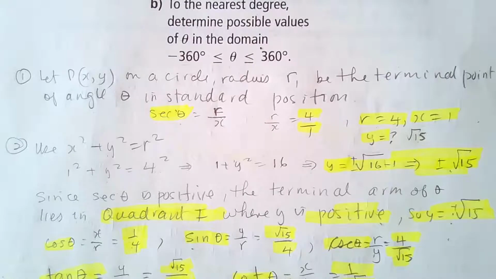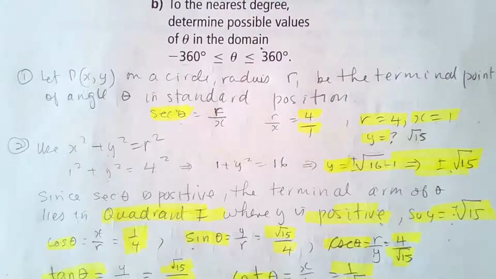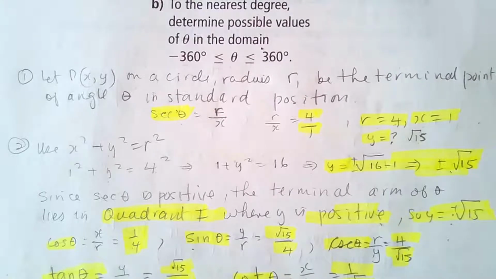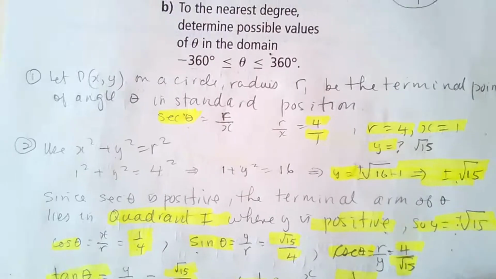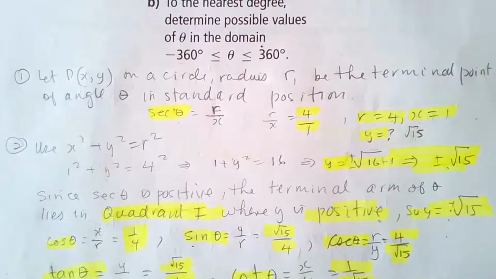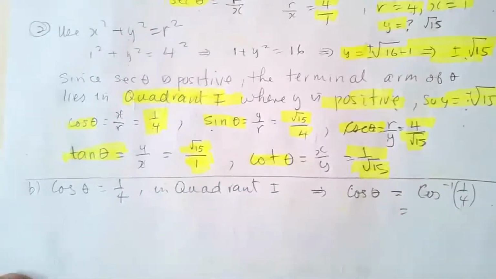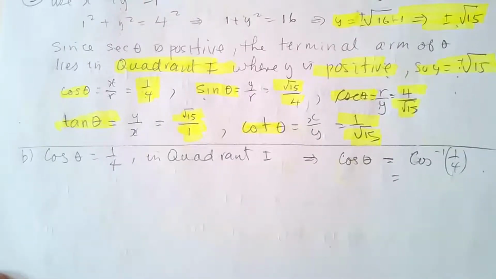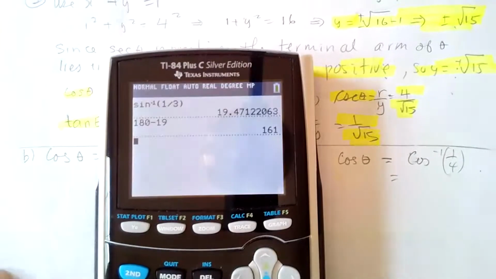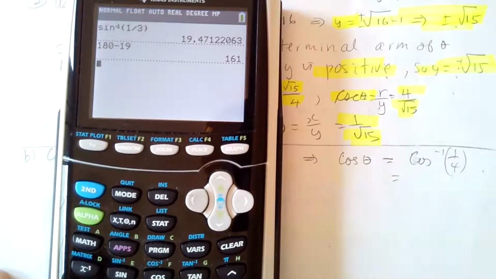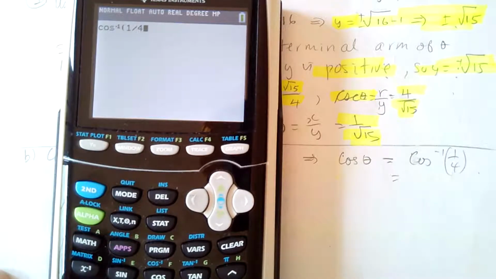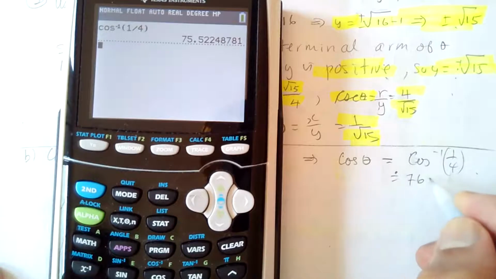So I go to my calculator and find second cos of 1 divided by 4, around 76 degrees. Approximately, right? Round to 76 degrees.